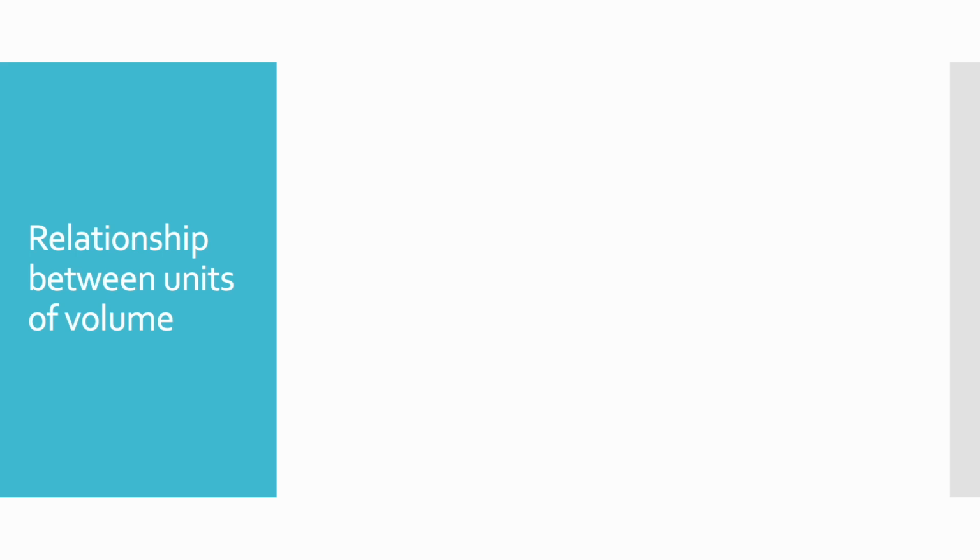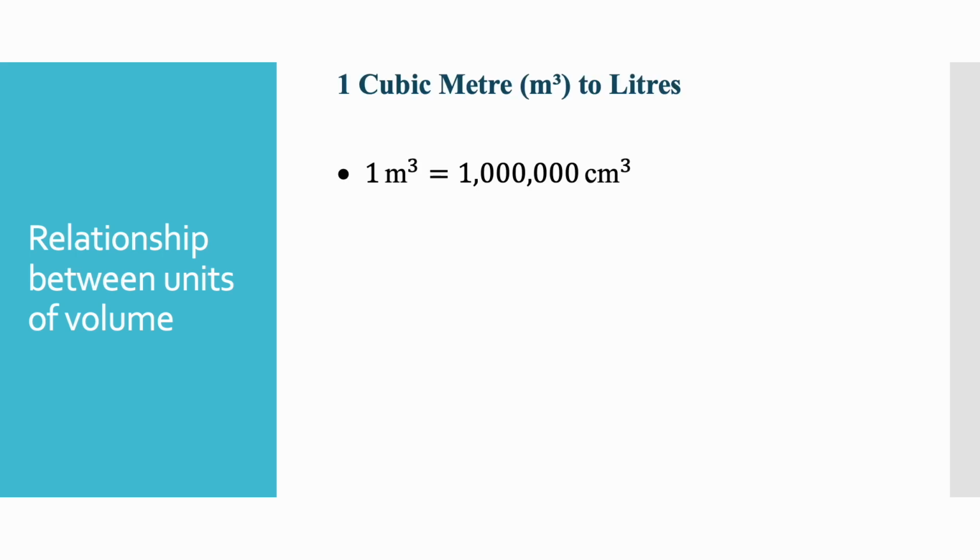Now let's reverse the conversion from cubic meters to liters. 1 cubic meter is 10 raised to 6 cubic centimeters. You can see 6 zeros here. And 1 liter is 1000 cubic centimeters.